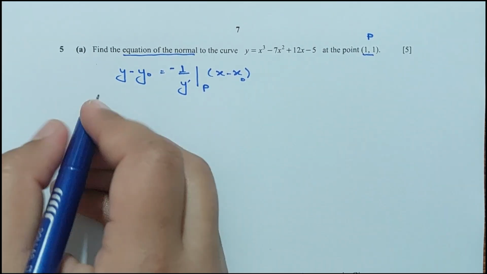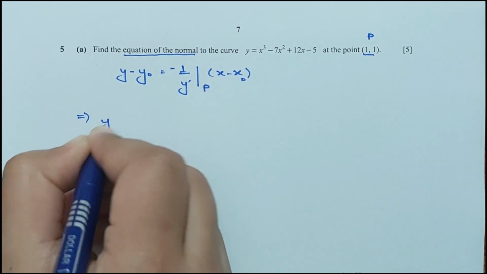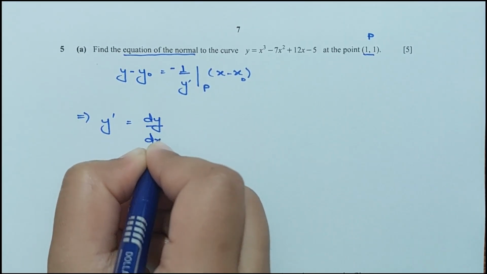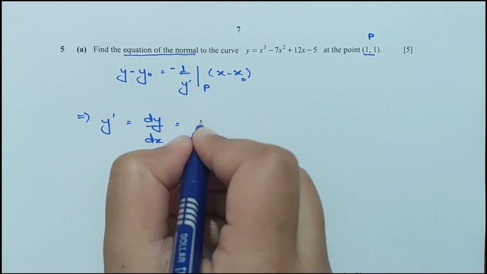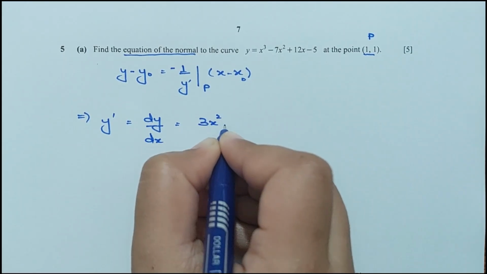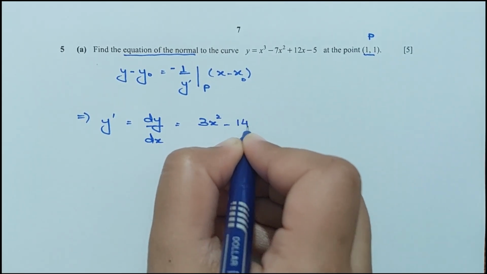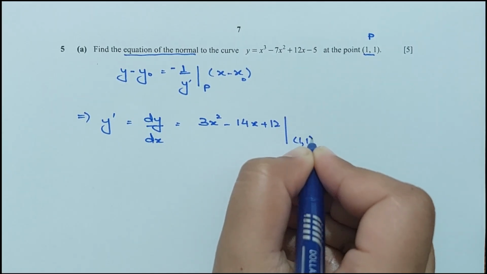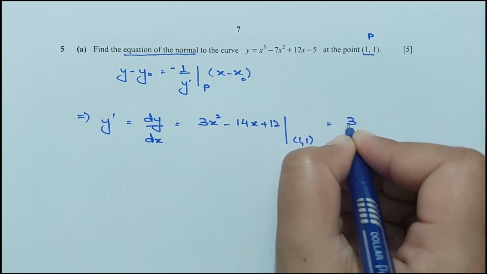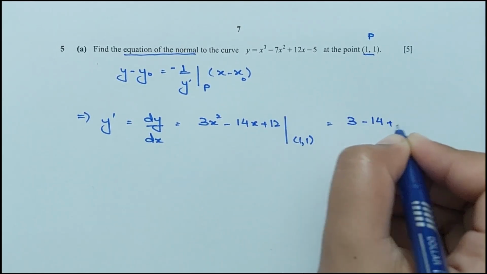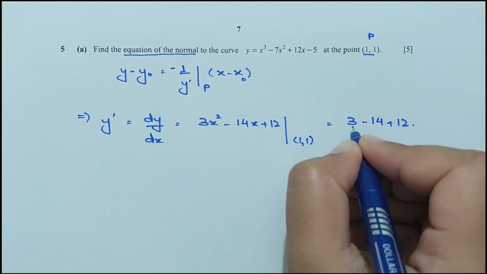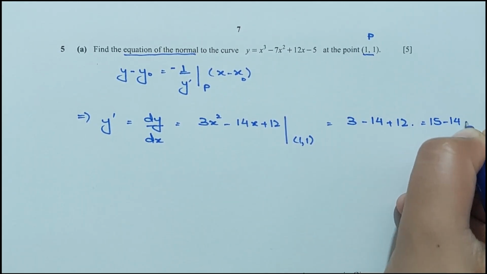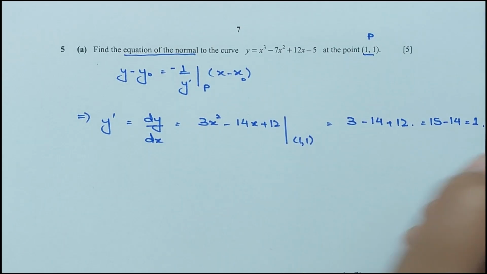We have to find y prime first, dy by dx, the derivative. This is 3x square minus 14x plus 12. Solving at 1, 1, we have 3 minus 14 plus 12, which is 15 minus 14. This is just 1.